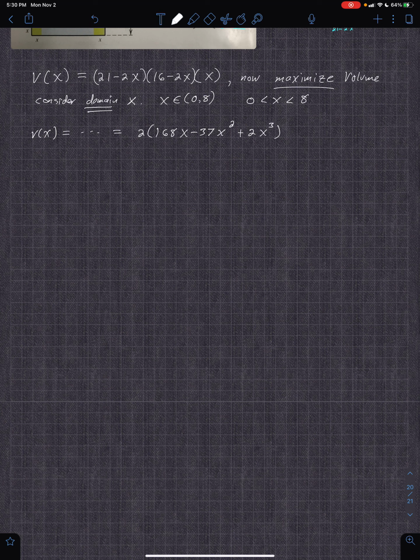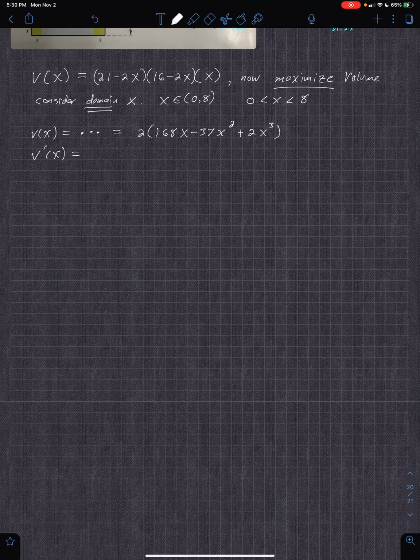All right, so I do the dots in between because I didn't bother showing that work in my notes. So you can do all that, multiply that out. You'll end up with a 2 in common once you add everything together. So that 2 won't matter once you go through the derivative and stuff. So v prime of x would be your next step.